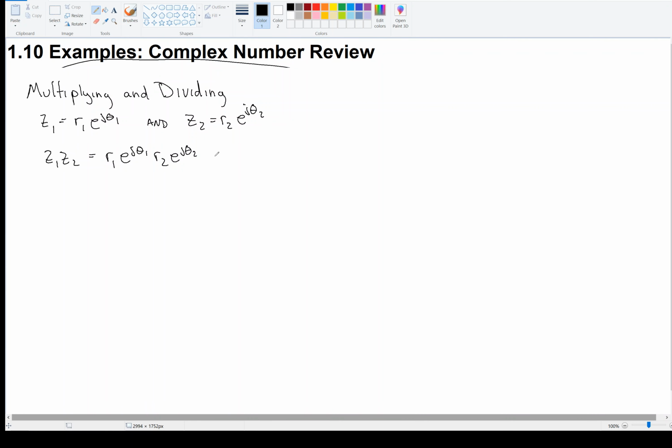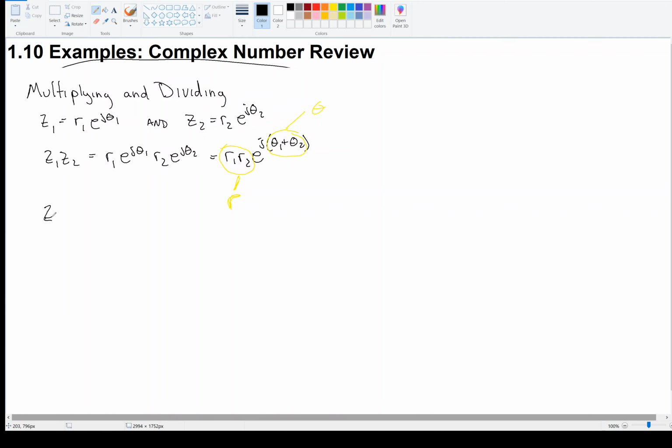But look what happens. This is just r1 r2 e to the j (theta 1 plus theta 2). So now my resultant vector has this as the magnitude, r, because that's what's multiplying e, and this is the phase, or the angle, of the resultant vector, because that's what's multiplying the j in the power. So that's it.